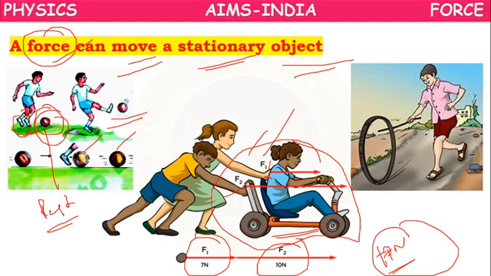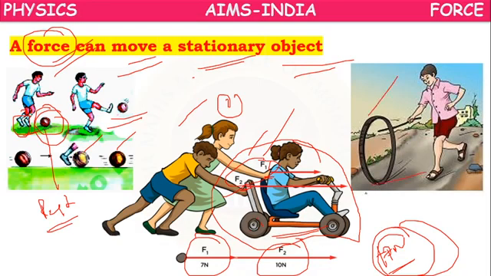Here one interaction is there, here another interaction is there, so we have to calculate total force. In this second case also, we observe movement in the stationary object because of the combination of two forces. Here only a single force was involved, here two forces are involved.